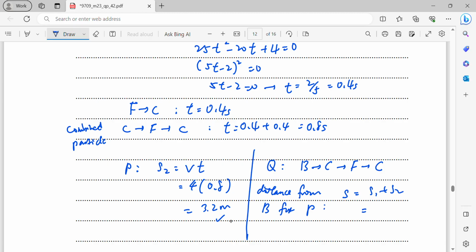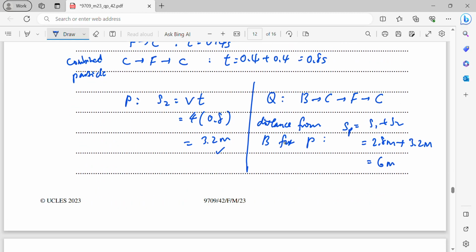So I want to find out the total distance that has been traveled by the P. So SP will be 2.8 meters plus 3.2 meters, which means it has traveled 6 meters.